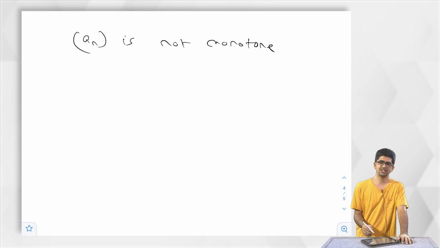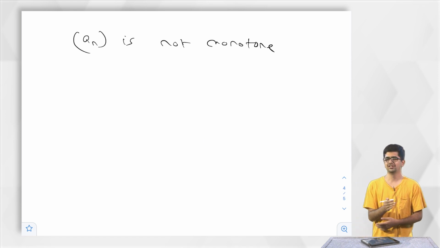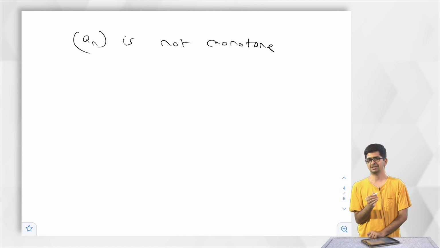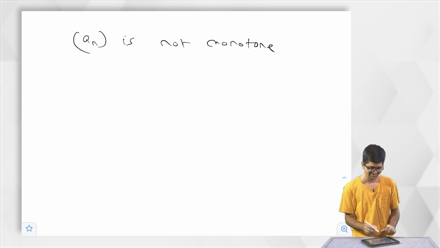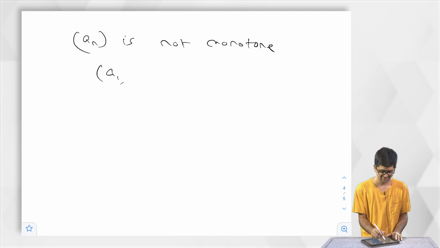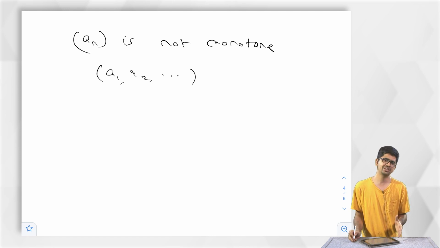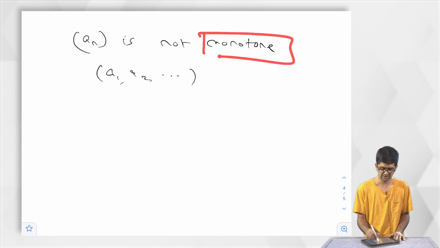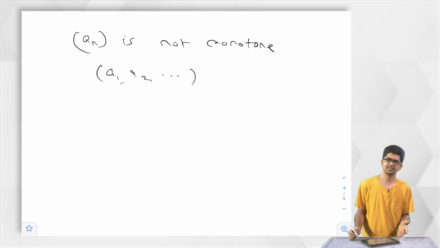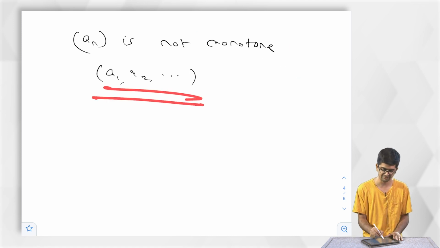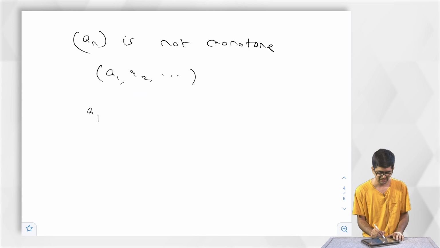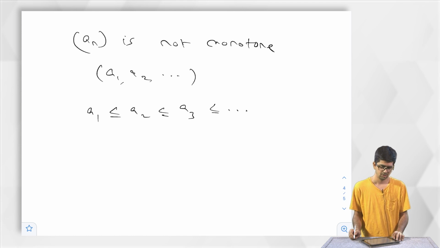So An is monotone means what? I have already said before that monotoneness means something should be very nice from the very beginning. Let me write down this sequence as A1, A2, and so on. Let us assume that it is a monotone increasing sequence. I said monotone, it should be increasing or decreasing, let us do increasing. So what does it mean? That A1 is less than or equal to A2 less than or equal to A3 less than or equal to so on.